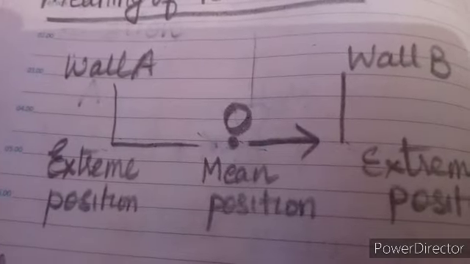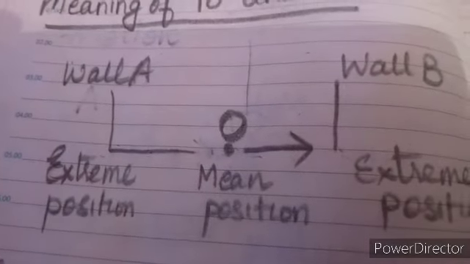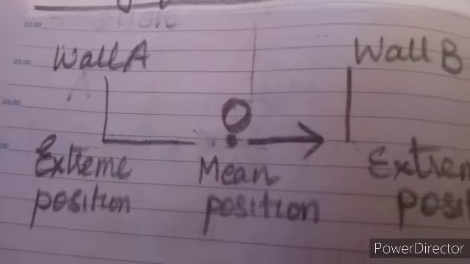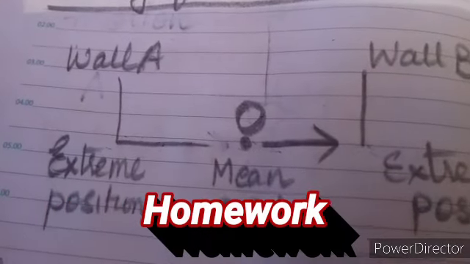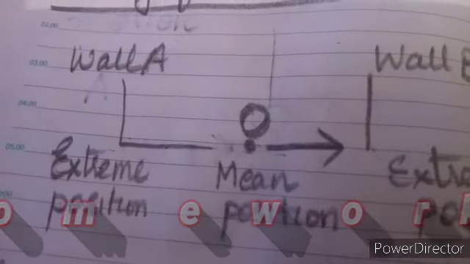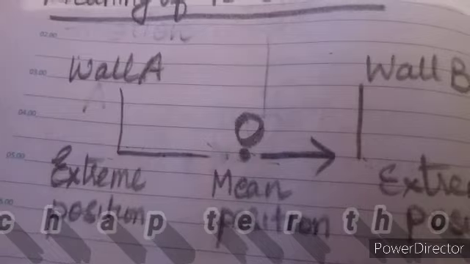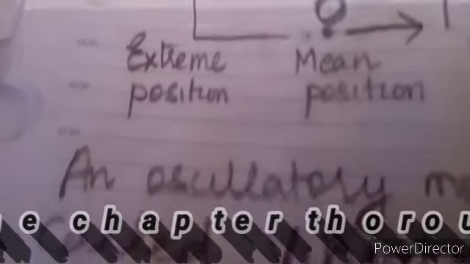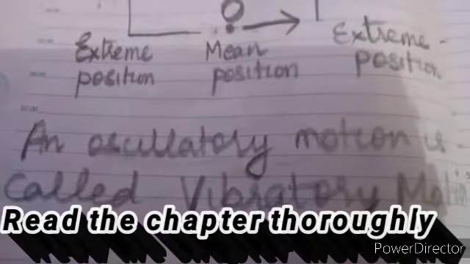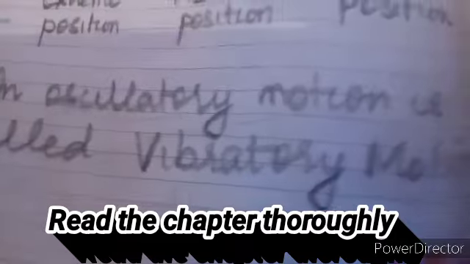We call position O the main position, wall A one extreme, and wall B the other extreme position. Oscillatory motion is also known as vibratory motion.